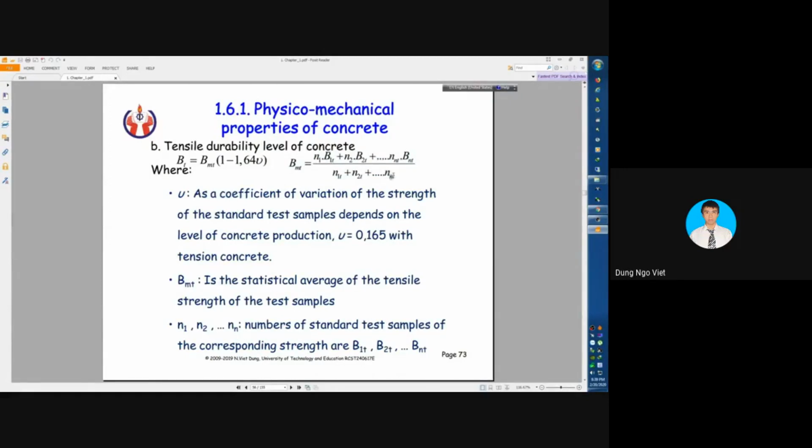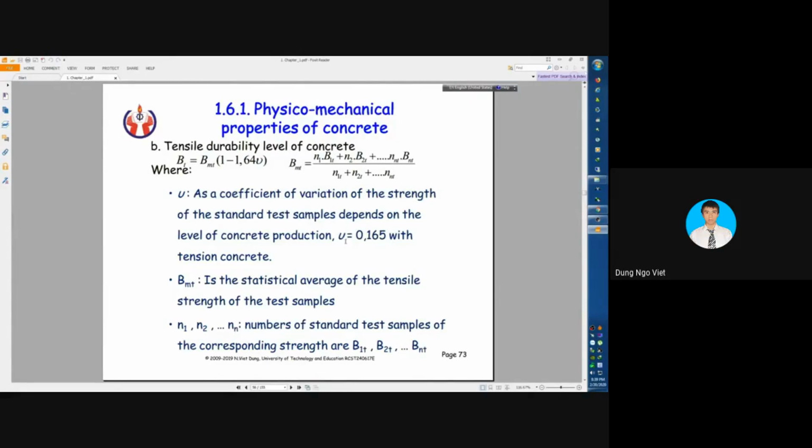We use the NNT number of samples for BNT. And we can calculate the tensile durability level of concrete by using these two formulas, where the nu value is a coefficient of variation of the strength of the standard test samples and depends on the level of concrete production.